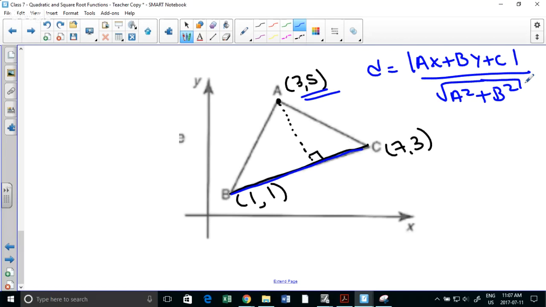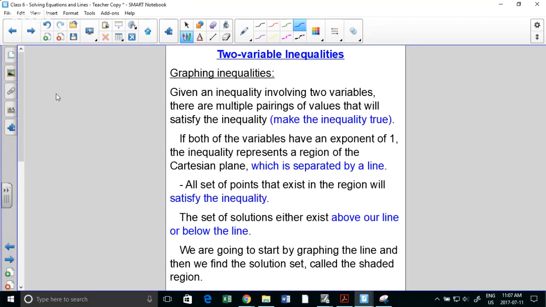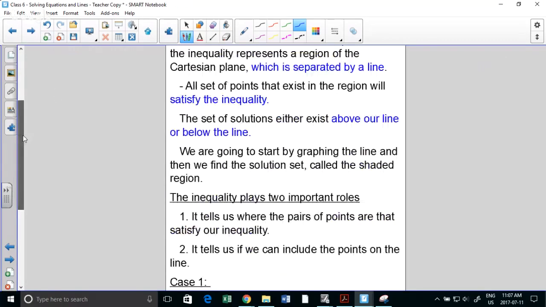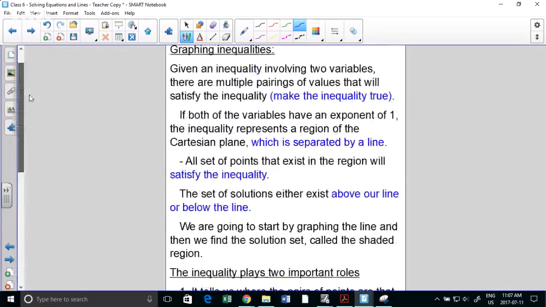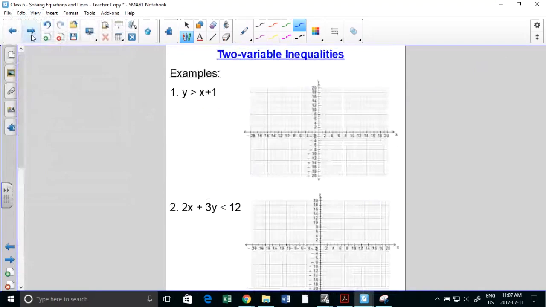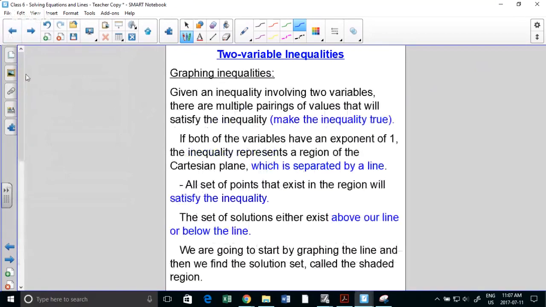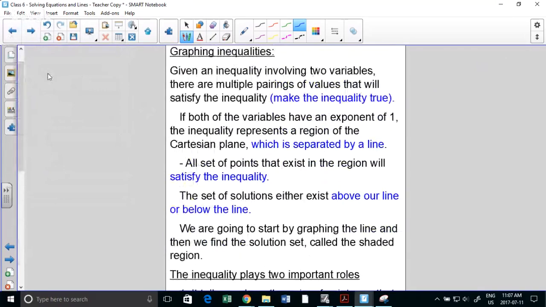Before we move on to the notes from today, we need to finish the notes from yesterday. We're running out of time, we're short on time today.